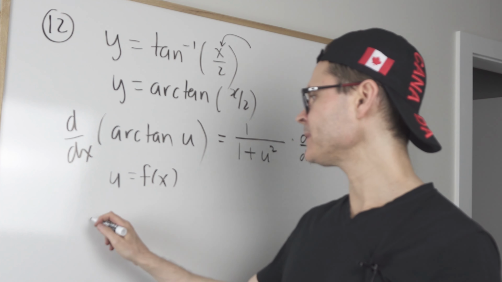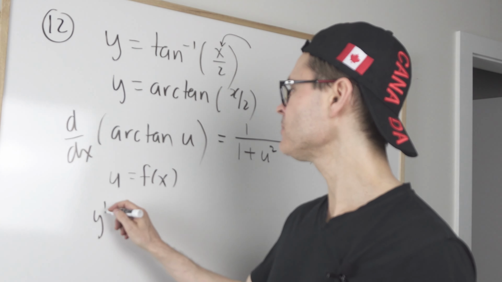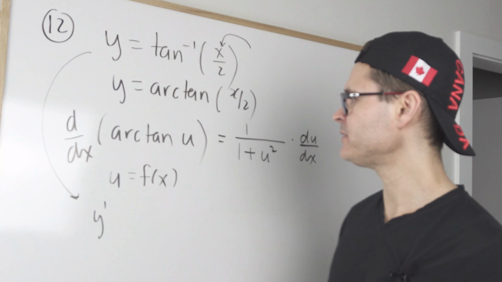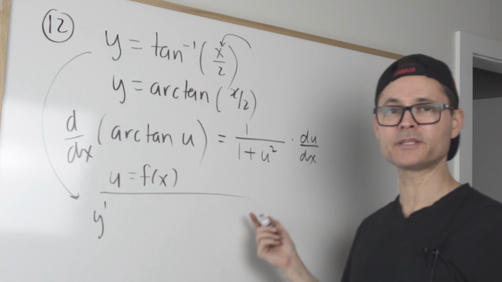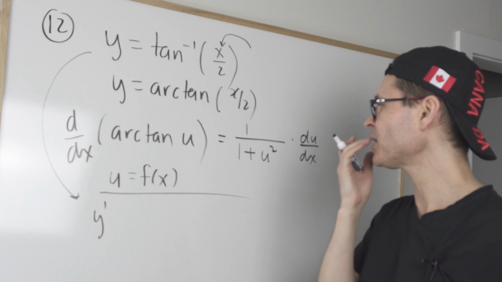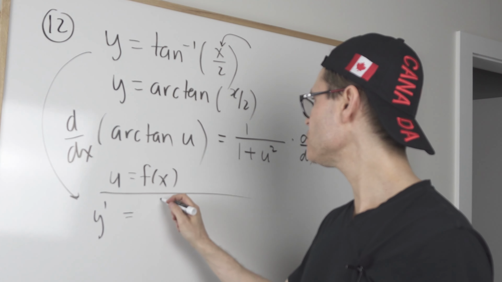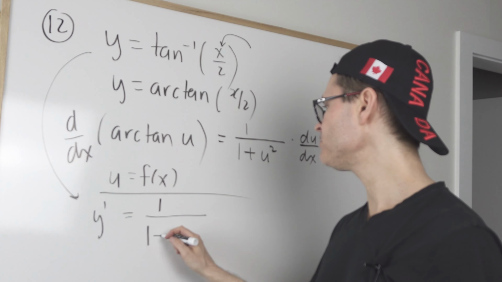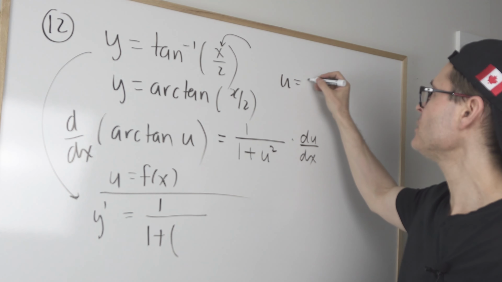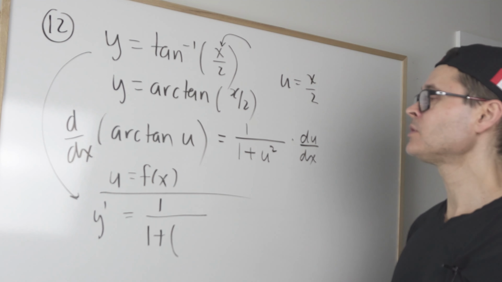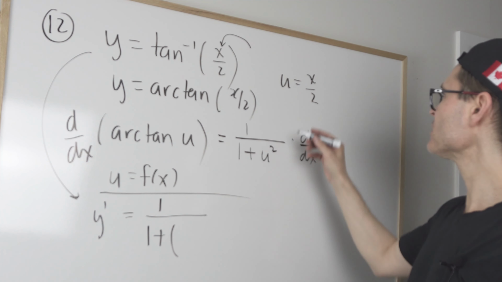Okay, so I'm going to say y prime. I'm going to take this derivative down here. And I'm going to simply use this formula. It's a formula that's usually in the formula book. So that's going to be equal to 1 over 1 plus, in this case my u value is x over 2, which I might as well just take the derivative of now.